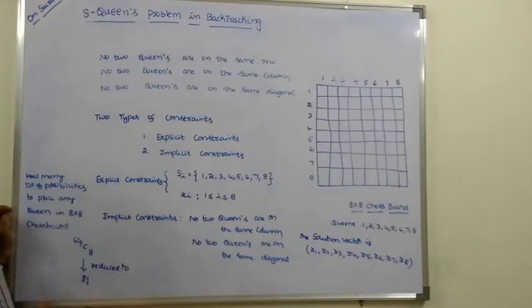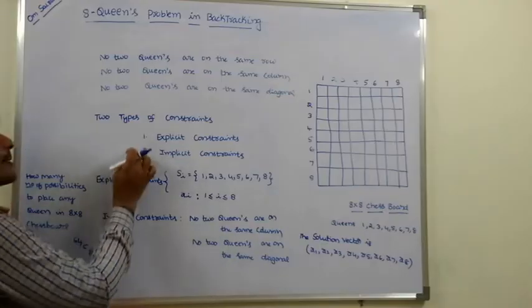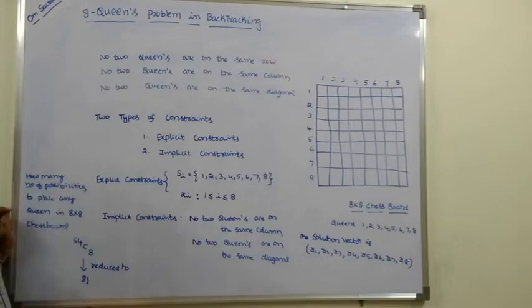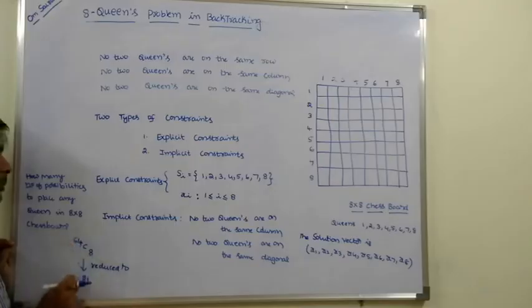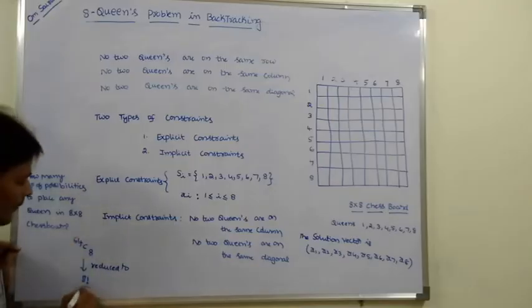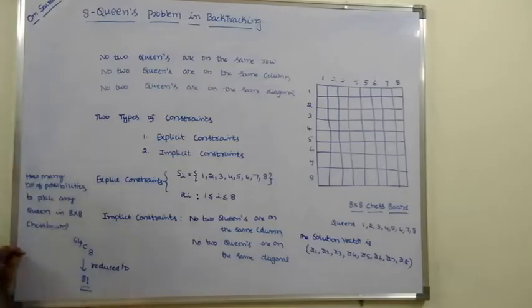After imposing the explicit constraints and implicit constraints, the total number of possibilities can be reduced from 64C8 to 8 factorial ways. The total number of possibilities after applying explicit and implicit constraints is equal to 8 factorial.